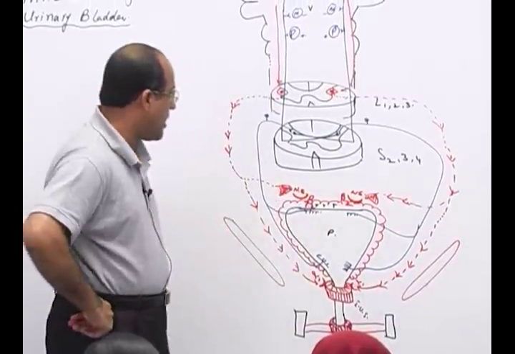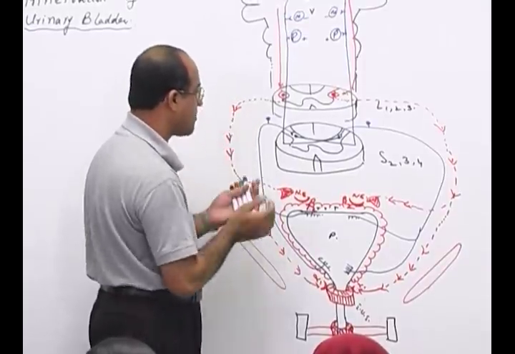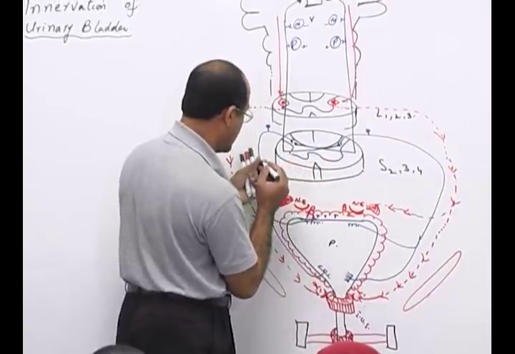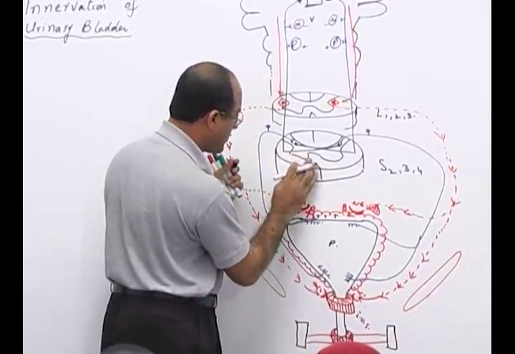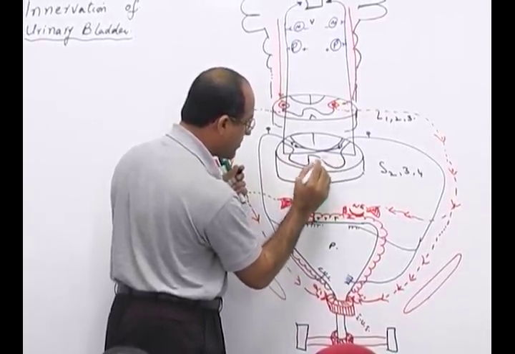Now, when this becomes significantly increased, then we have to talk about another pathway, and this pathway is, yes, there was a lateral horn here. This is the anterior horn, right?